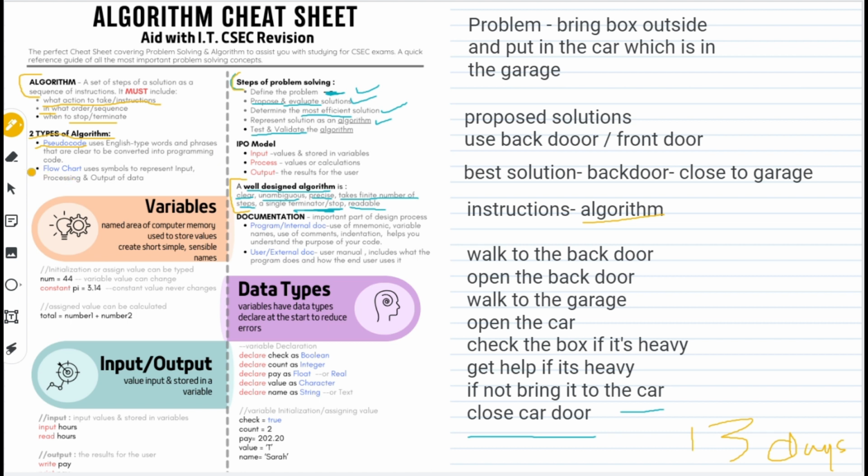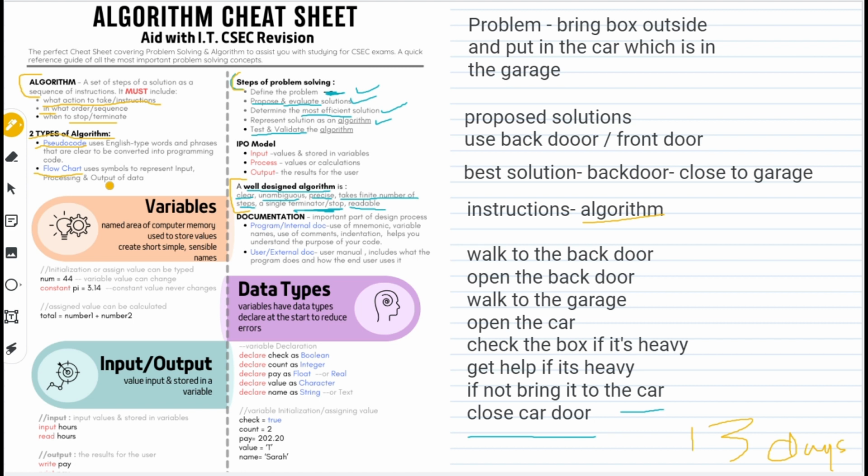A flowchart now is another type of algorithm. Flowcharts use symbols to represent inputs, processing, and output of data, right? So you can clearly see the difference. I saw in one of the feedback that students tend to confuse pseudocode and flowchart.